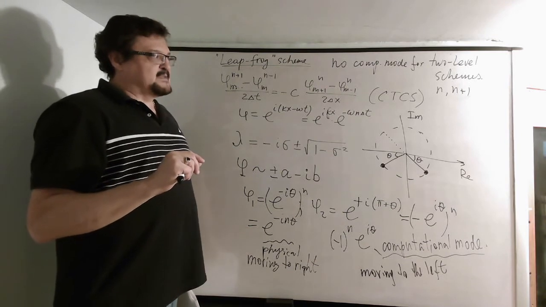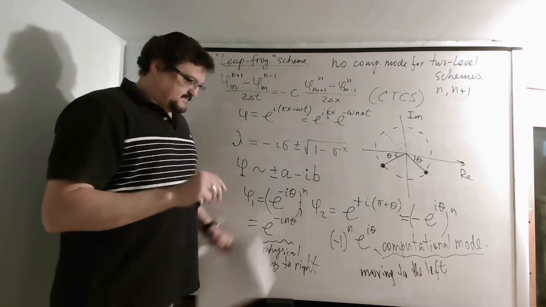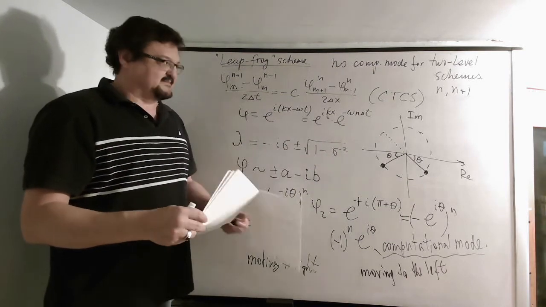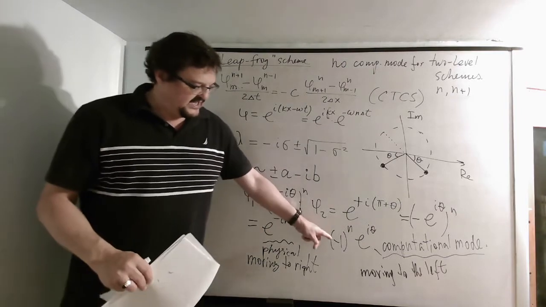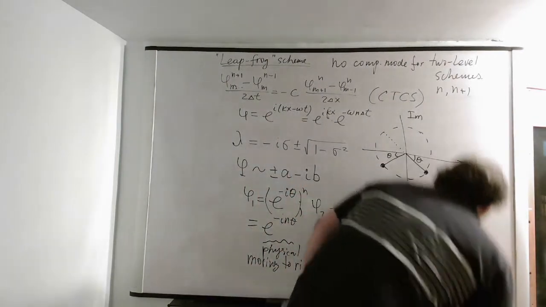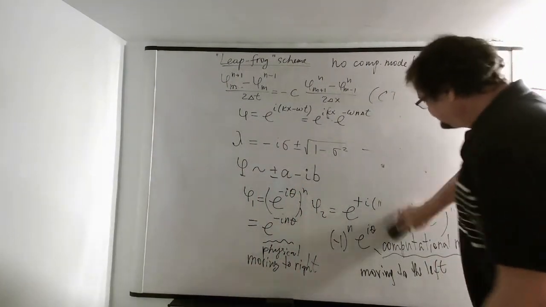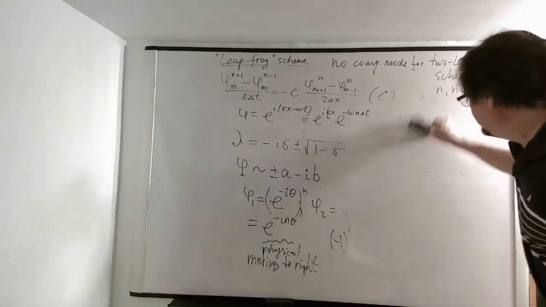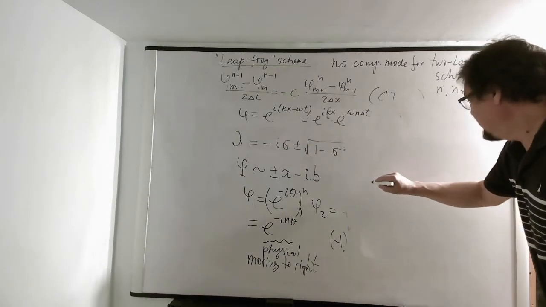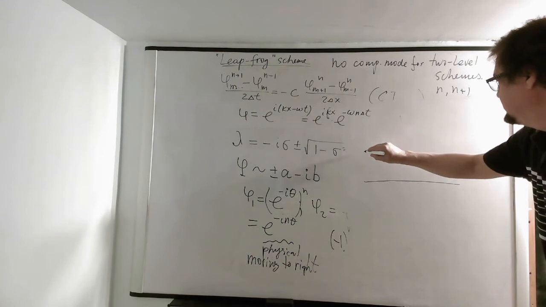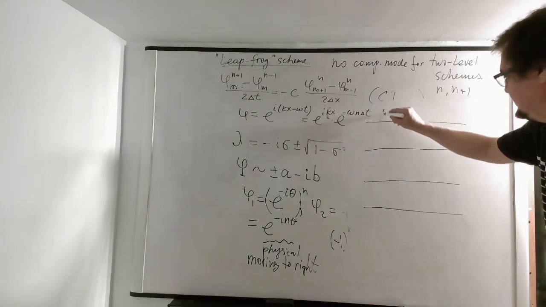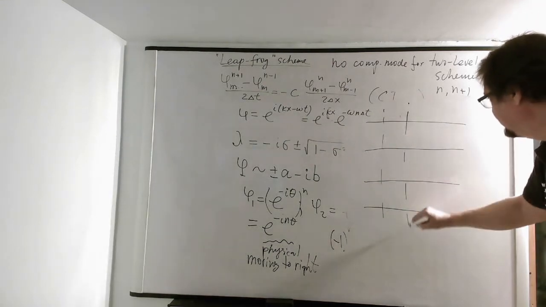So how do you suppress that? First of all, let's consider why this computational mode is arising. Why do we have such weird behavior where the solution is flipping around? Well, if you consider this scheme, so if you consider a simple diagram, we have time levels and we have a grid in time and space.